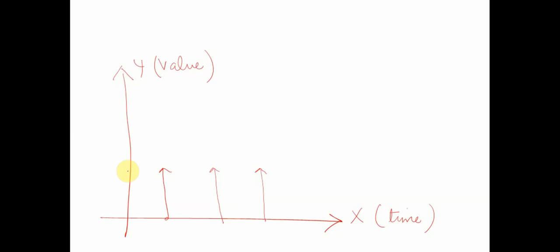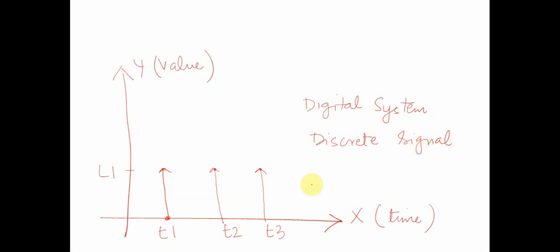One thing is we know that this has a particular value, and that value is not a continuous set of values but a fixed value, say L1. So this is a digital system. But does it have value at all instances of time? No, it has value only at particular instances of time, say t1, t2, t3. This is a digital system and it has discrete timestamps. So we will call it digital discrete.